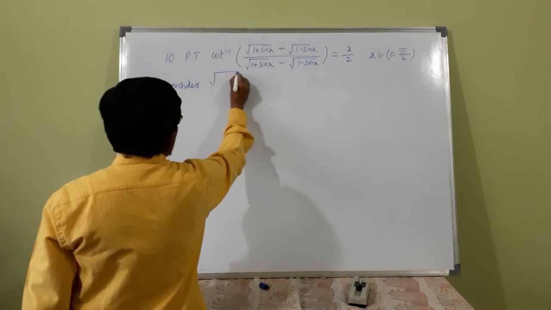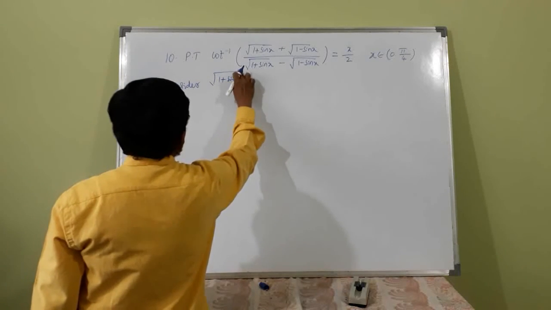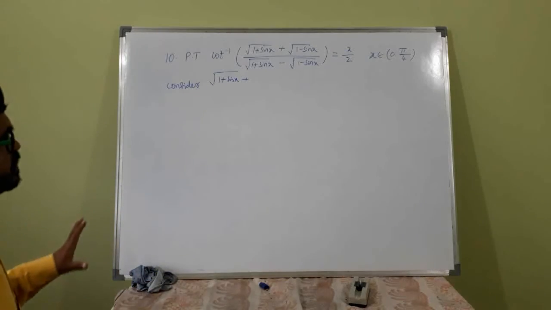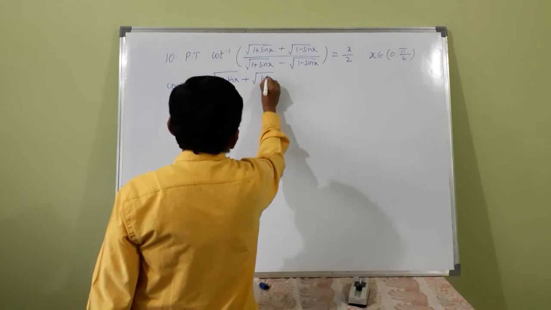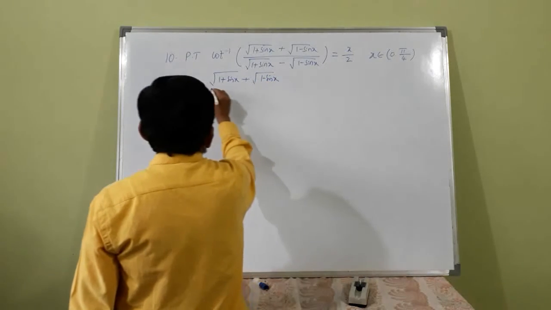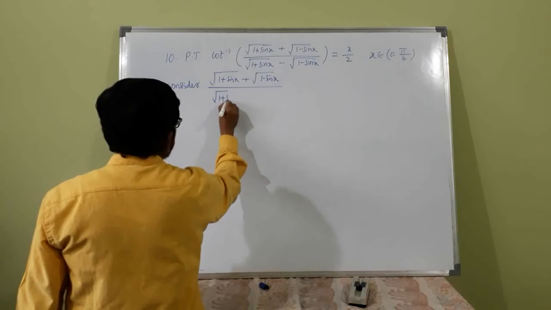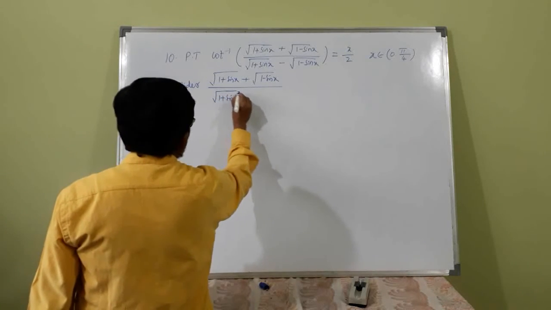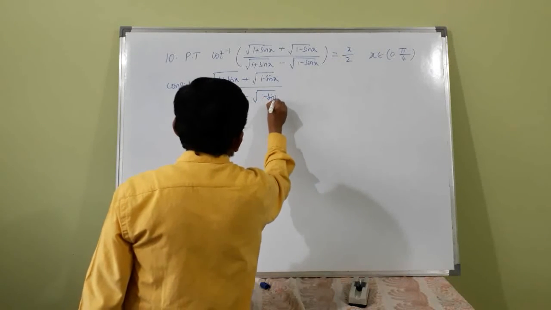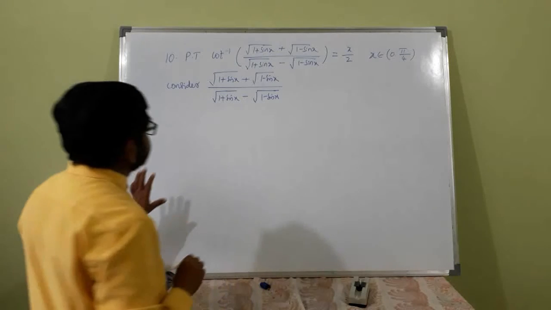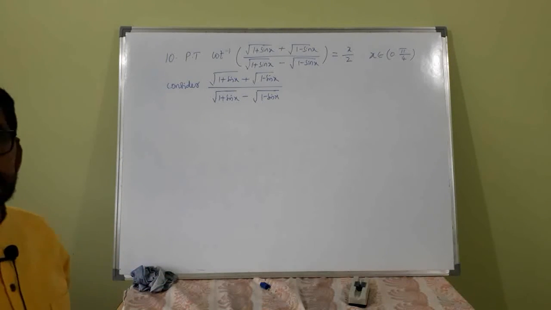Actually, this is very simple, though it seems to be very complicated. Root of 1 plus sin x plus root of 1 minus sin x divided by root of 1 plus sin x minus root of 1 minus sin x.